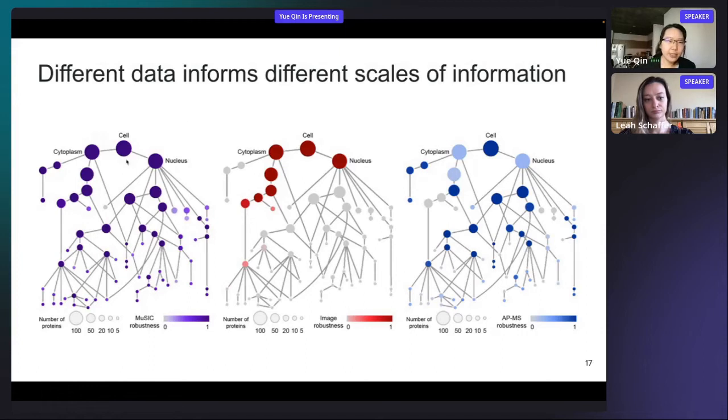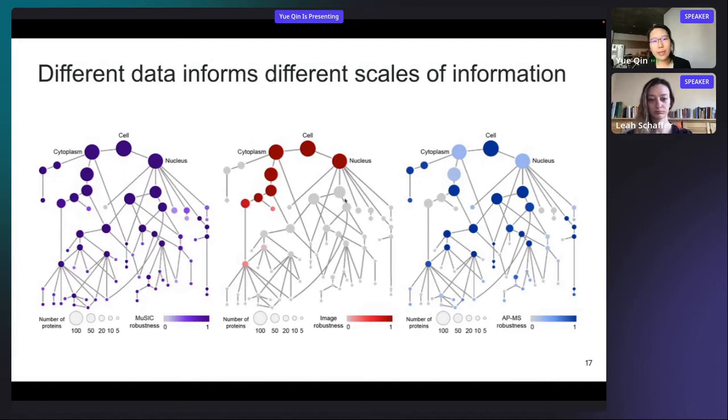On the left here, the color indicates the robustness of the system identification or system recovery if you're given both image and APMS data. In the middle here is when you only give image data, and on the right here is when you only give the APMS data.